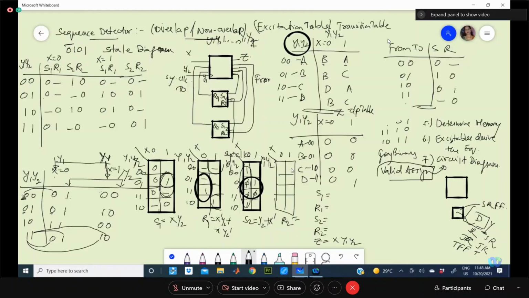R2, don't care, 1, don't care, 1. So this will be x. Check if I have done the grouping correctly and equations derived correctly. S2 second row, all zeros.